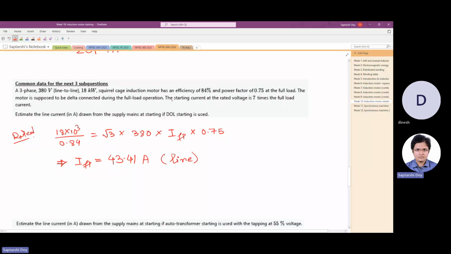It is given that the starting current is 7 times the full load current, so it is 7 times IFL. How much is it? Should be somewhere around this.